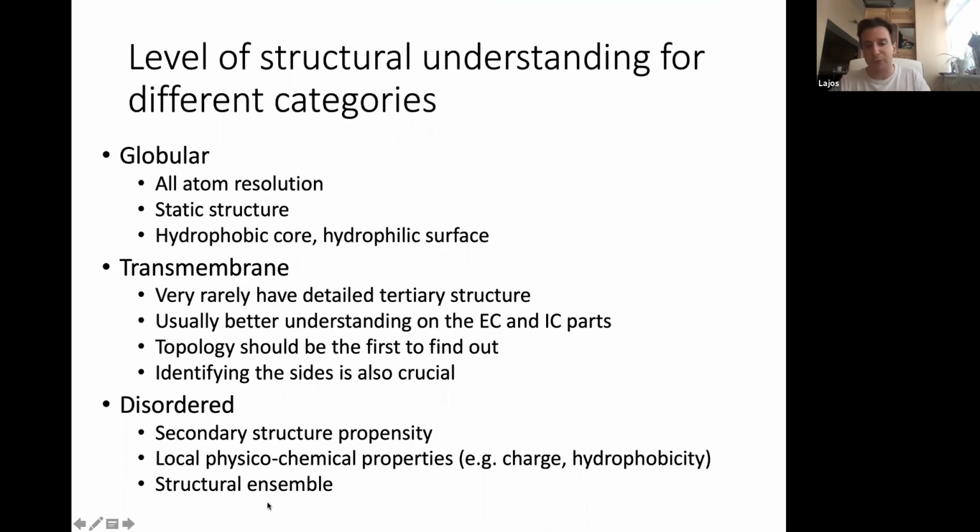Also a very important tool in disordered proteins is finding out local physicochemical properties. If you see a region that is a bit more negatively charged or a bit more positively charged, that will give you a clue. For example, if it's a region with a lot of positively charged residues, then you may think that this protein is interacting with nucleic acids.